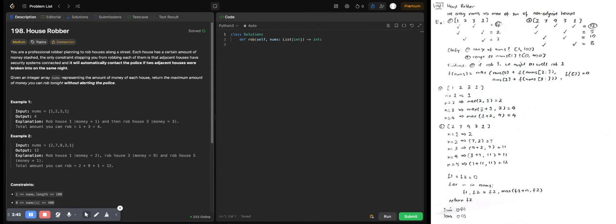So if we rob house 1, house 3, and house 5, that would give us 12. However, we could also rob house 1 and house 4, but this would give us just 5.